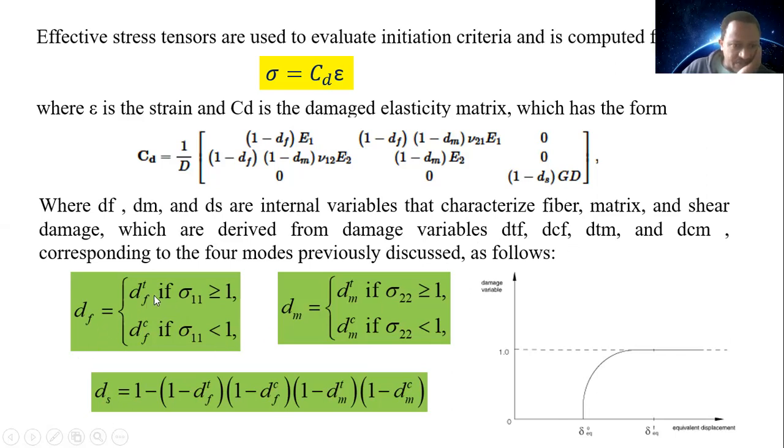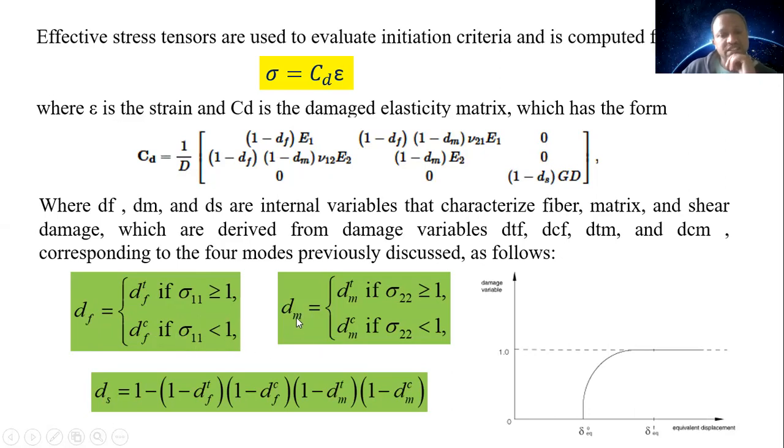So DF is the damage variable of fiber: DF is equal to DF of T if sigma 1 is greater than 1, and DF is equal to DFC for the compressive case if sigma 1 is less than 1.